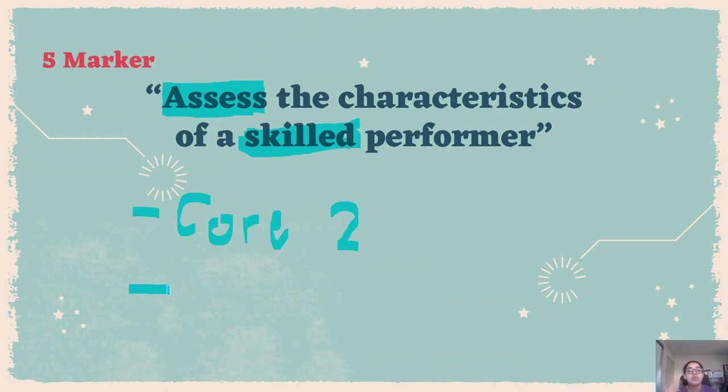Within the syllabus, there were 3 to 4 keywords that they wanted us to discuss with a skilled performer. The first one that I always remember starts with a K. Can anyone think of what we call a skilled performer?